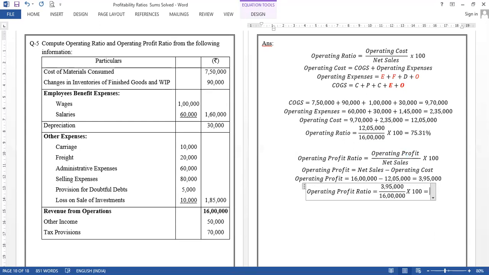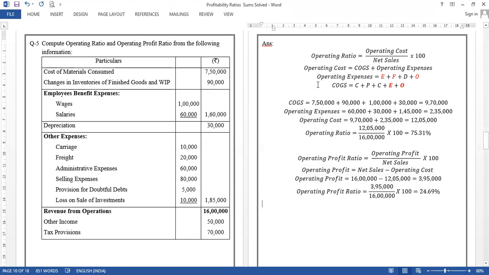The remaining percentage will be 24.69 percentage, right? 395 divided by 16 lakhs into 100 is 24.69 percentage. Okay, so please remember the formulas again.